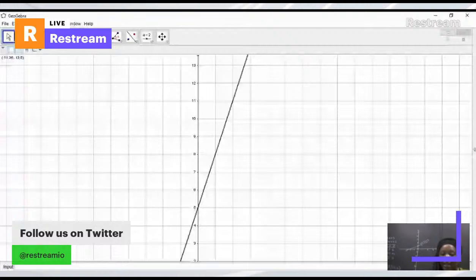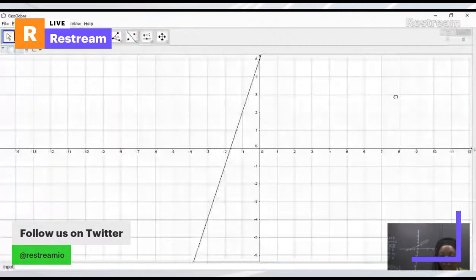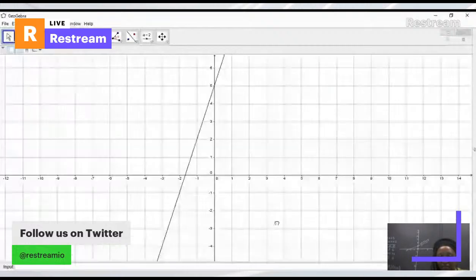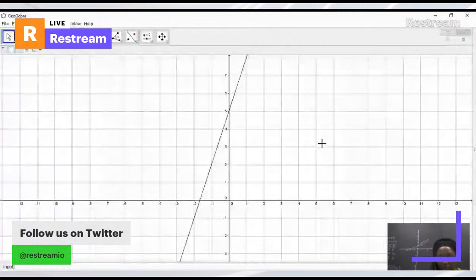And when x is negative 3, y is negative 4. There we have it. So that's our line, y equals 3x plus 5. As you can see, the algebra is very accurate.